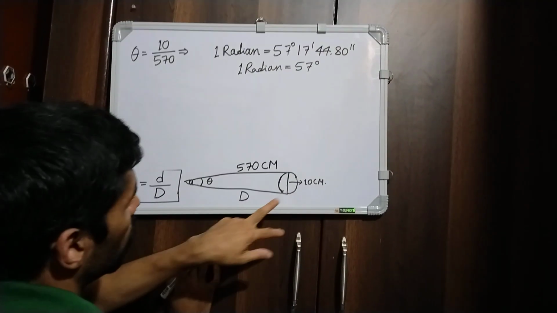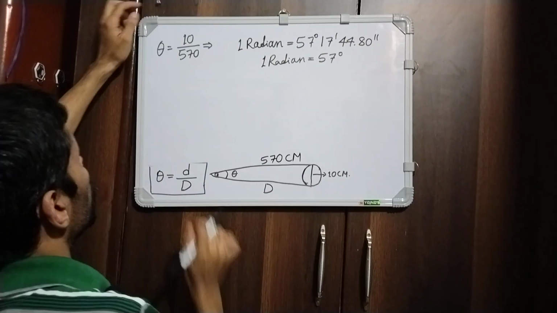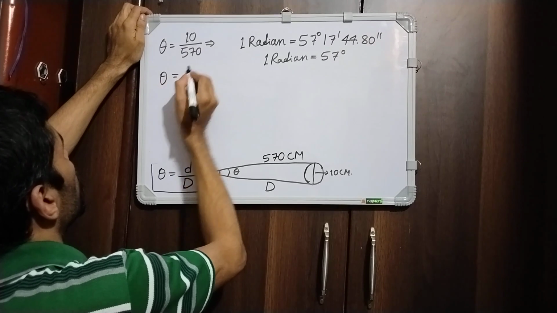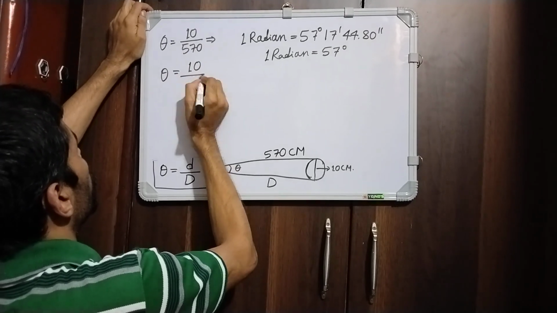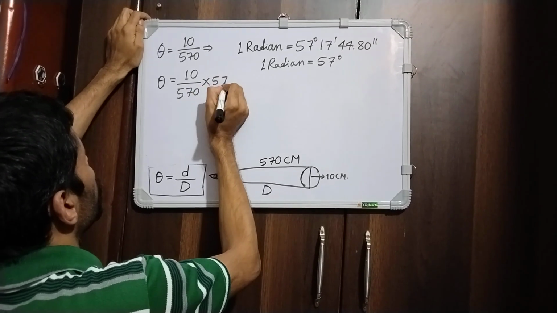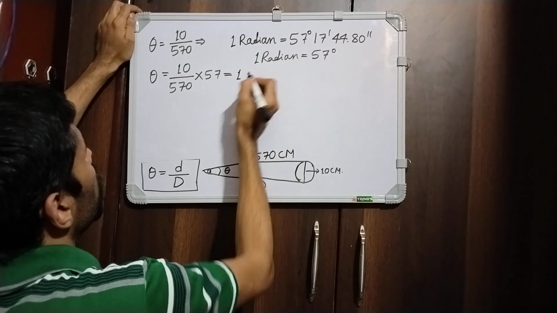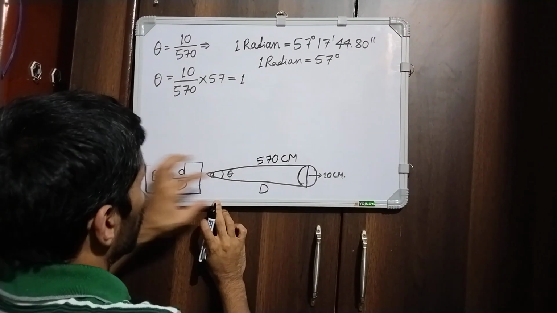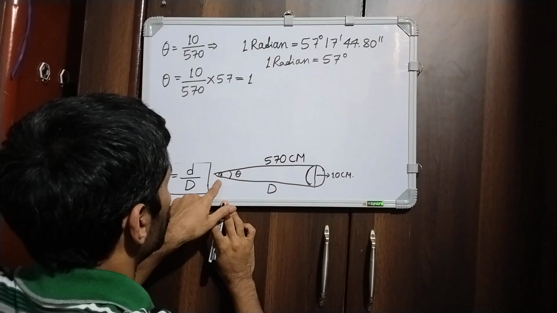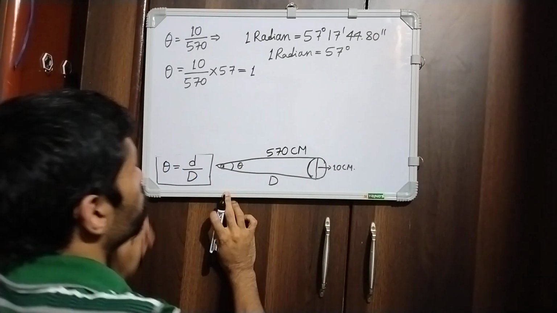That's why I have considered 57 as the multiplying factor. Here, this theta I am going to multiply by 57: 10 divided by 570, into 57. This gives 1. That means the visual angle of this object, as seen from this observer, is 1 degree.